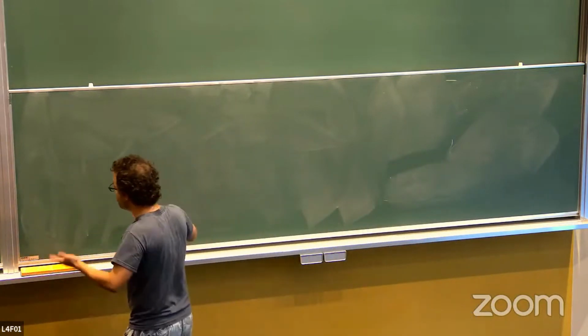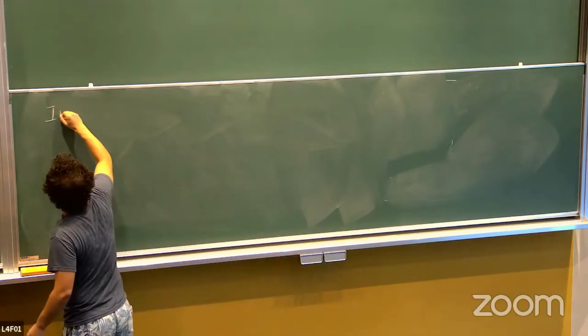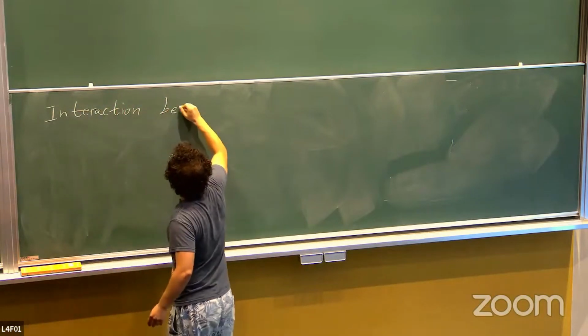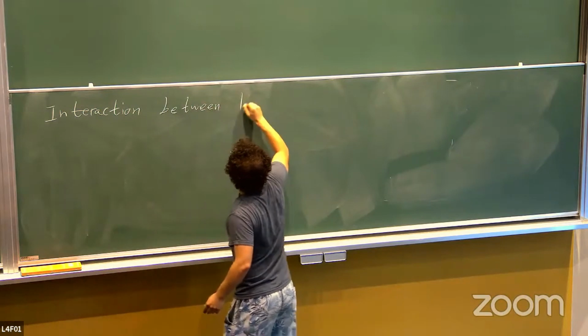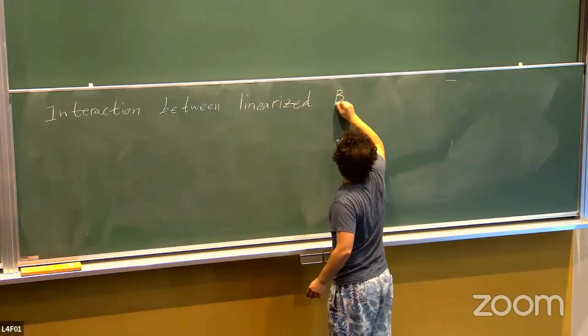So let's try and ask the simplest form of the question. What is the interaction between the linearized versions of these objects?